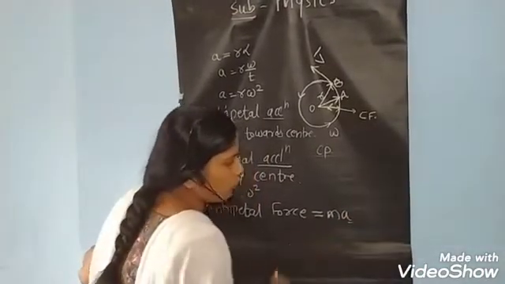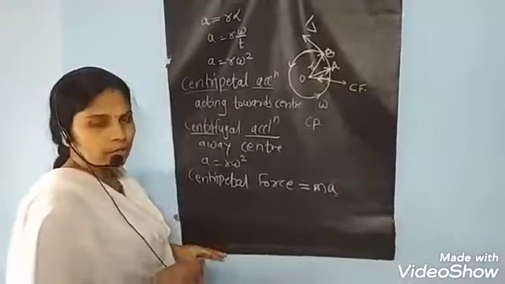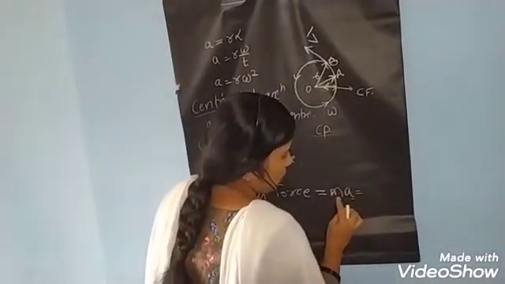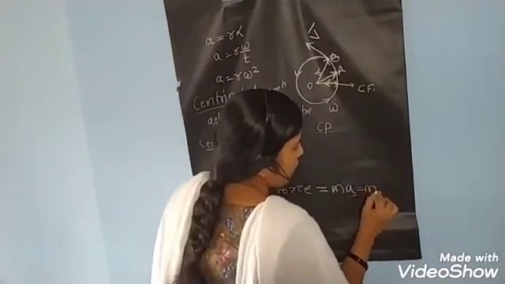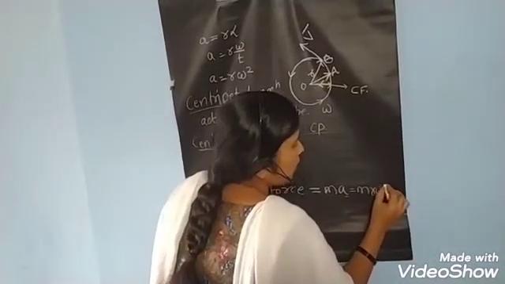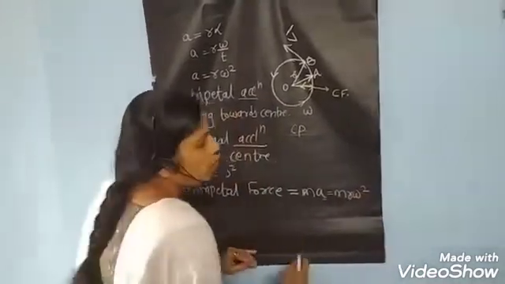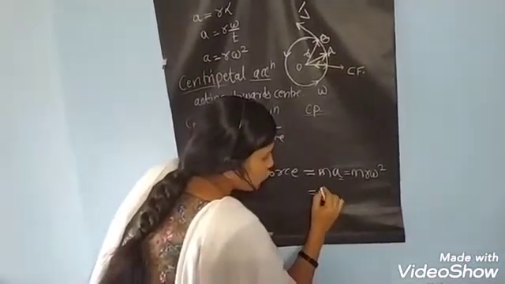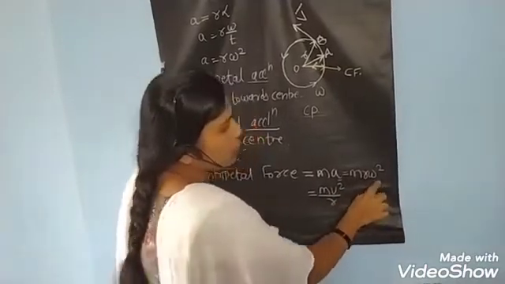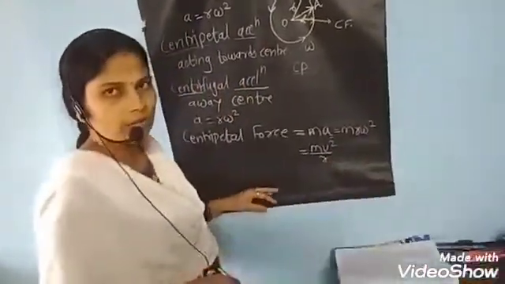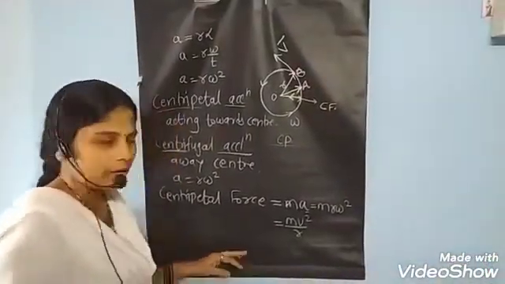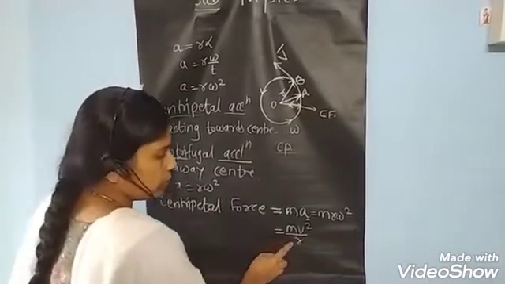This is the basic equation: force is equal to mass into acceleration. Acceleration is equal to r omega square, therefore we get m r omega square. Or we write this as m v square by r, where r omega is v. This is one more form of the equation.